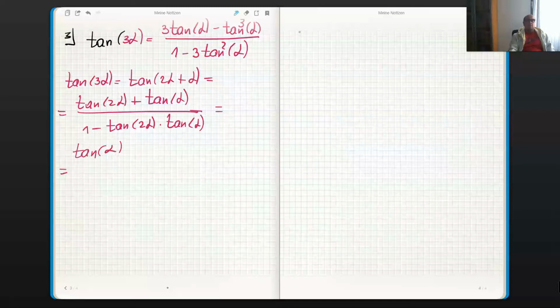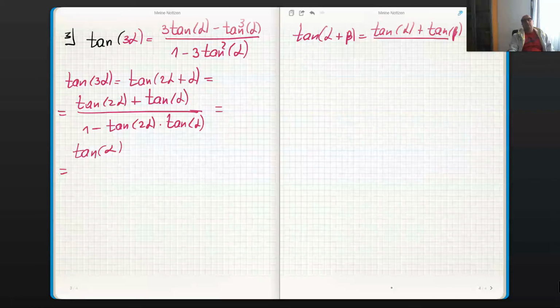So you remember, let me just write it down. Tangent of alpha plus beta, for you now to remember what I was doing, and for me to remember as well, by the way. So this is tangent of alpha plus tangent of beta, divided over 1 minus tangent alpha tangent beta, right?